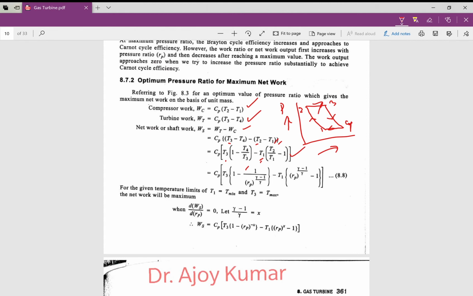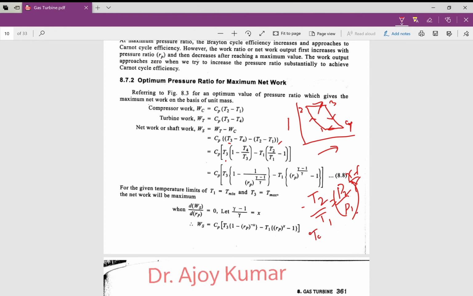Right? Now this T4 upon T3 we can write in terms of pressure ratio. As you know, T2 upon T1 equals P2 upon P1 to the power gamma minus 1 upon gamma. Likewise for T4 and T3 also we can write, T4 here, T3 here, and P4, P3 over here.